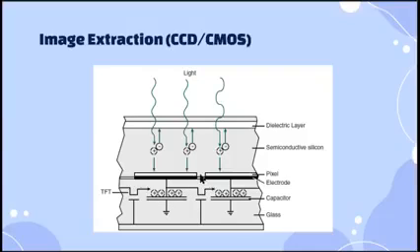So same lang, when the voltage is enough, okay, it will travel towards the TFT, and then the TFT will transfer it to the amplifier, and then the amplifier will amplify or increase the energy of the electric signal, and then it goes to the ADC for what they call the conversion of the analog signal into a digital signal.